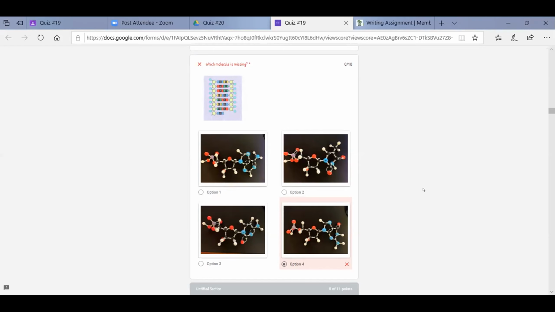I can't really tell, it is kind of hard to tell. Wouldn't it be option 3? Yes, option 3, because with option 4 there are two rings. With option 2, there's one ring with two oxygen, and we need one ring with one oxygen. And option 1 is just two rings. So it is option 3.